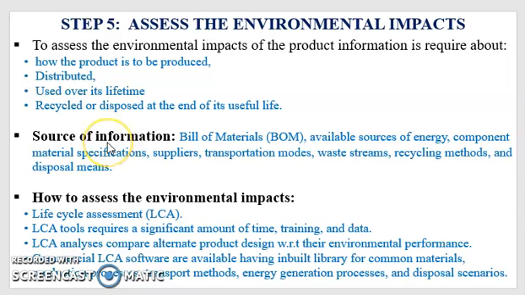This analysis is performed by utilizing the information available in the bill of materials, available source of energy, individual component material specification, information from suppliers, transportation system, waste stream, recycling method, and disposal means.